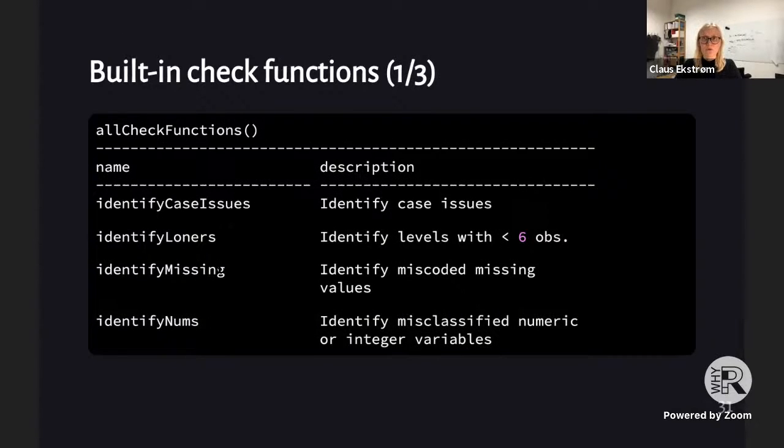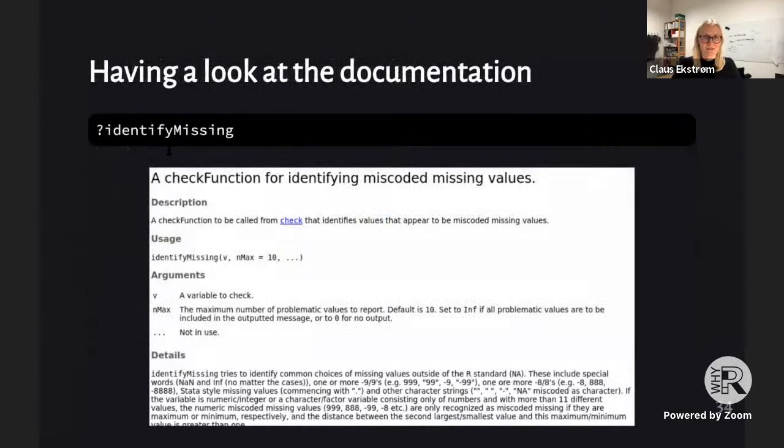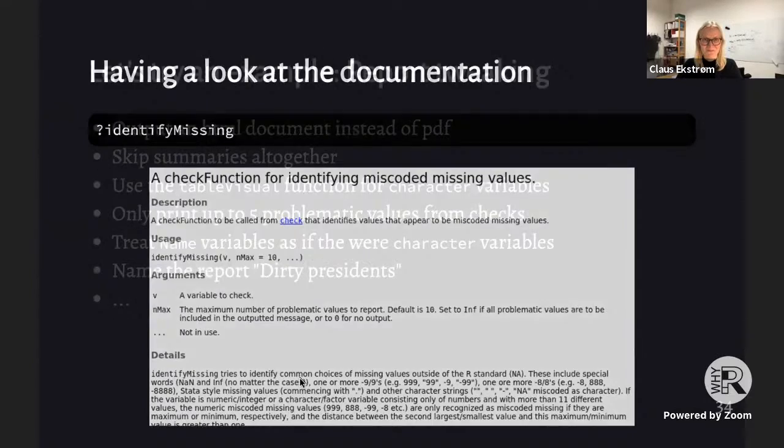And if you want to read more about that and find out how we identify missing in that one, well, then you can just use the normal R documentation. You can use the help function, and then you will get information about how it actually does this. So it's all there. There's nothing swept under the carpet. You can see exactly how we do everything in the dataReporter package.